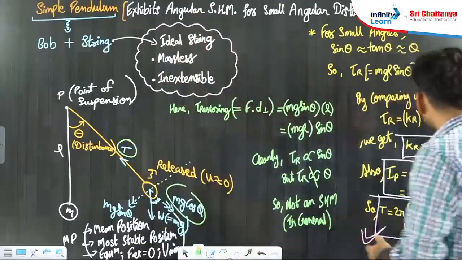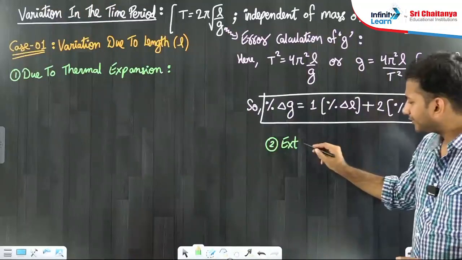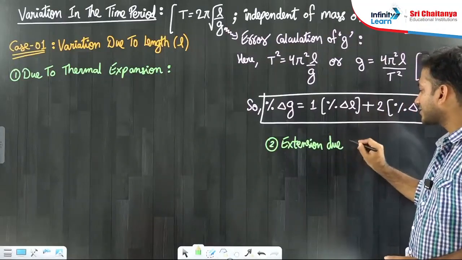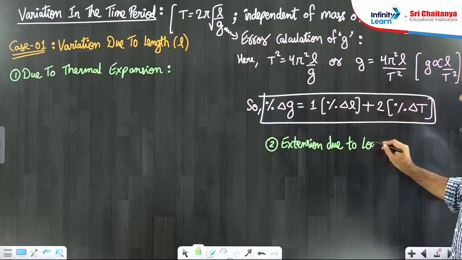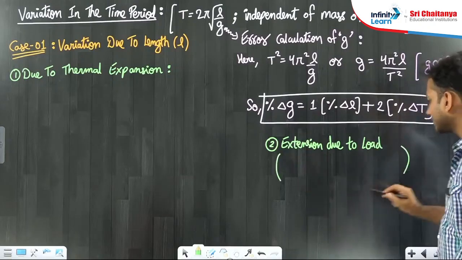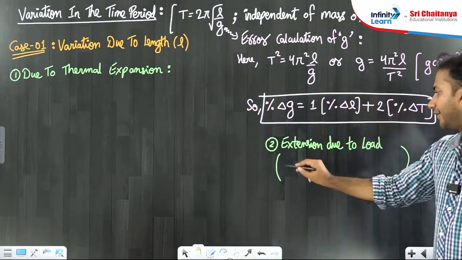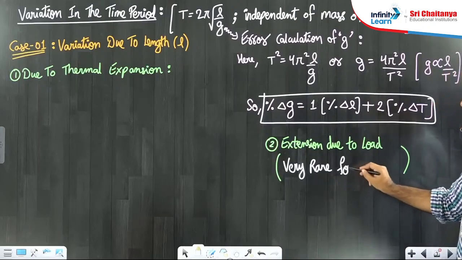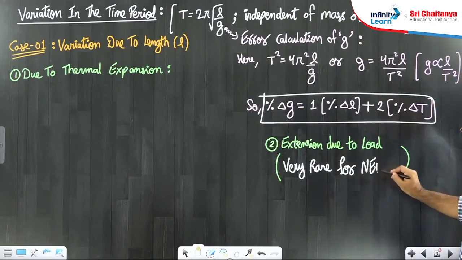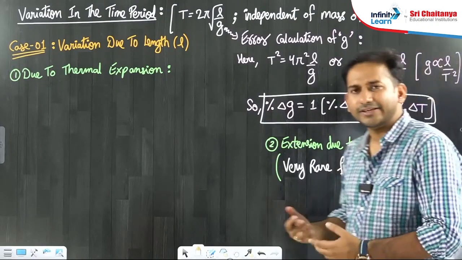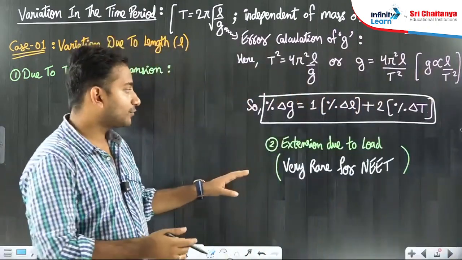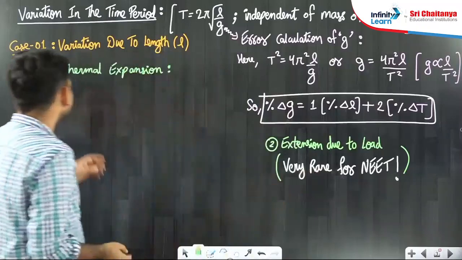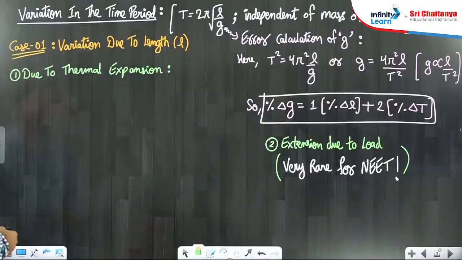You can consider its Young's modulus and many things, but this is very rare for NEET, so we are not going to discuss it right now. At the end, just before the exam, we can have a look for the safe side. But as of now, our concern is only to talk about thermal expansion.